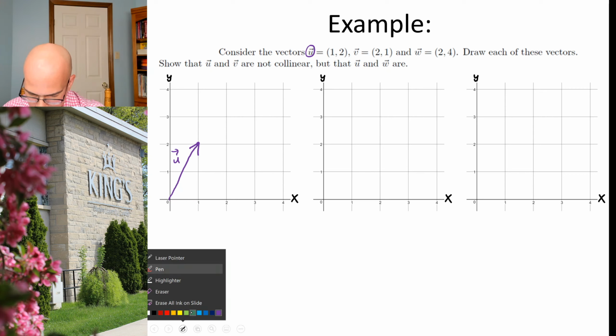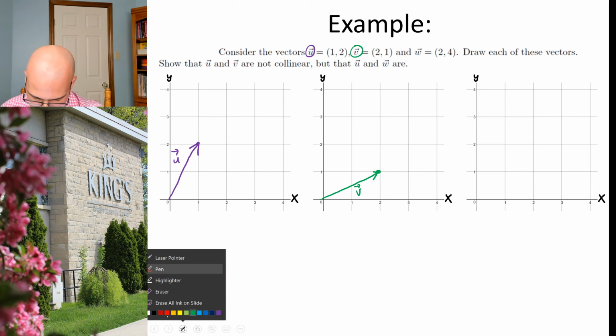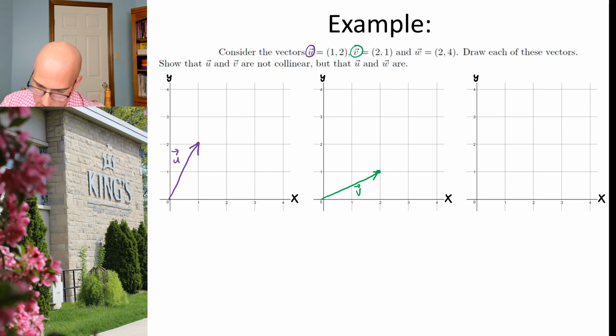Now the next picture over, I'll put in green, that's our v, (2, 1). V. And the last one I'll put in blue, (2, 4). So there's our vector w.